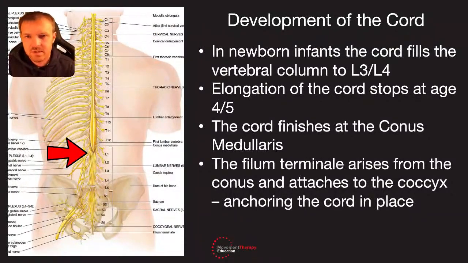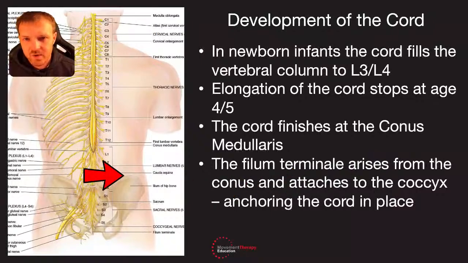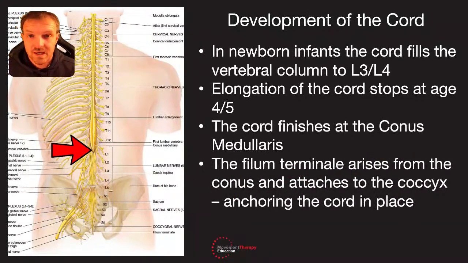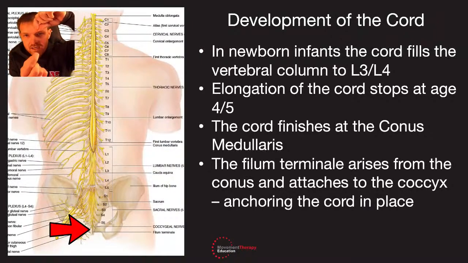Okay, and then you've got the filum terminale. This arises from the conus, the end of the spinal cord, and it attaches to your coccyx, and it basically anchors your cord in position. So it's like a thin ligament that goes from the end of the cord all the way down to your coccyx.